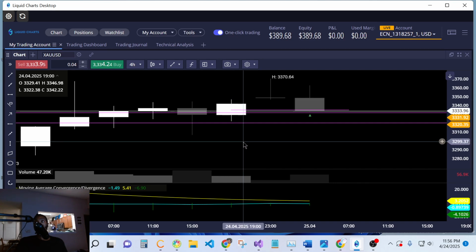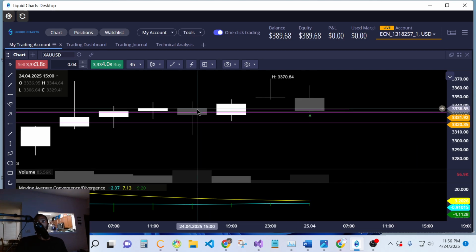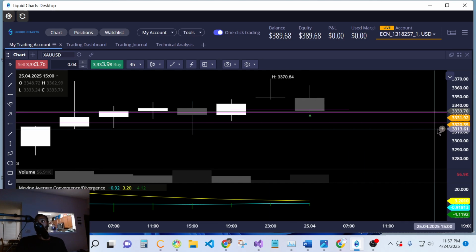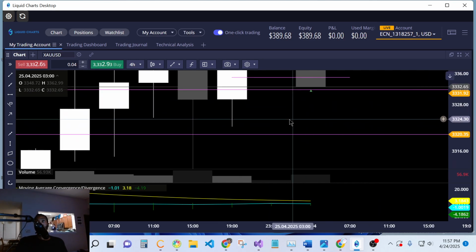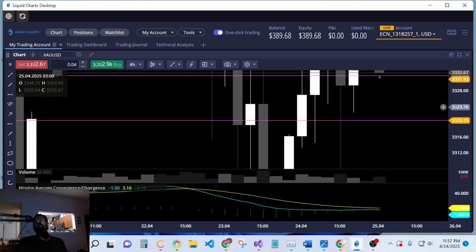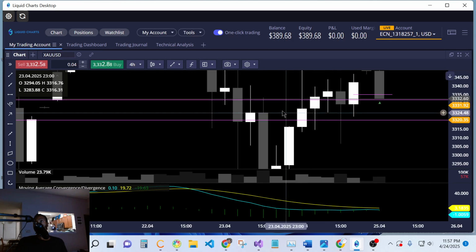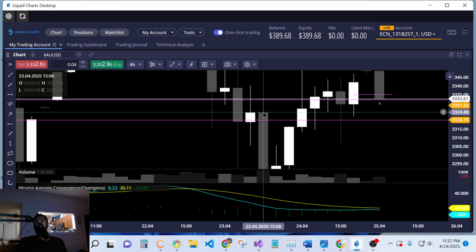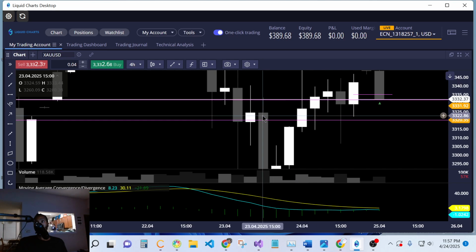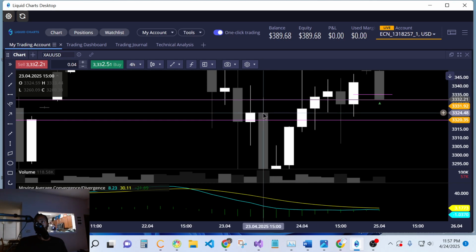We're currently trading under the midway point of this order block, only counting the body. But that order block isn't beefy enough. I need some beef. So this is the better order block here. Bullish order block. My bear candles are black. My bull candles are white. This is the better order block, in my opinion.